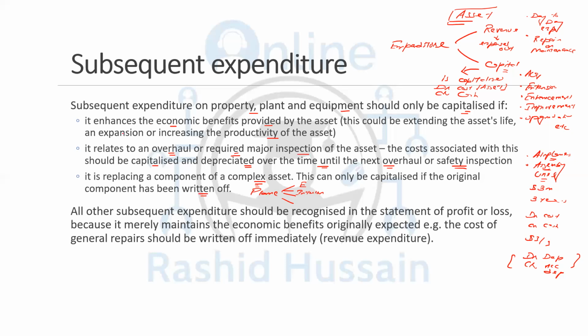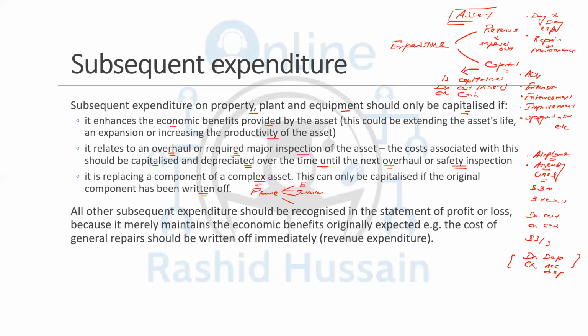So when you talk about the subsequent expenditure, there are three things. If it relates to the capital expenditure, enhancement, improvement, extension, it should be capitalized. If it relates to an overhauling, it should be capitalized and then depreciated over the overhauling period. And if it is related to the complex asset and you're replacing a component of the complex asset, then the criteria is that you should remove the previous component and then you are able to capitalize the new one.